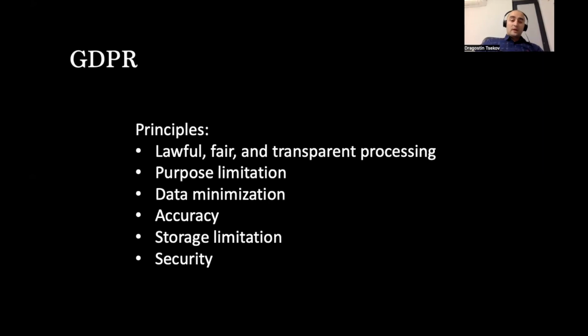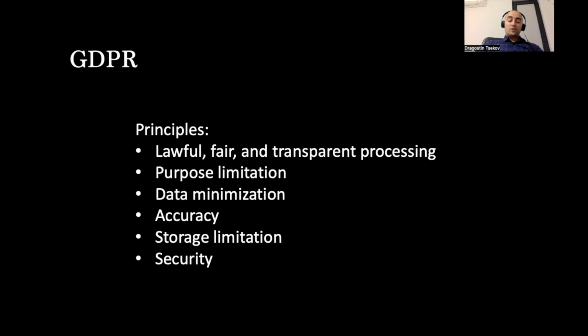Okay. Next, there are also some principles that are written in the GDPR, and if you remember them, a lot of what GDPR is about is going to make a lot of sense to you. So the first one is lawful, fair, and transparent processing.